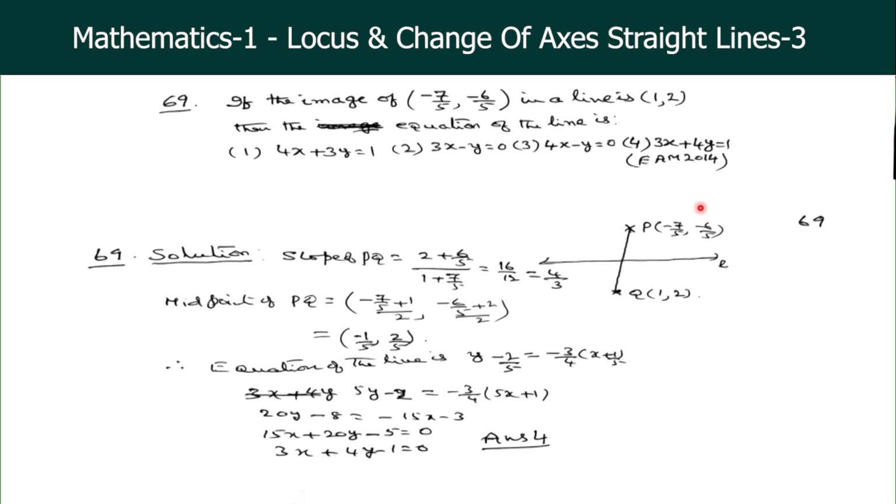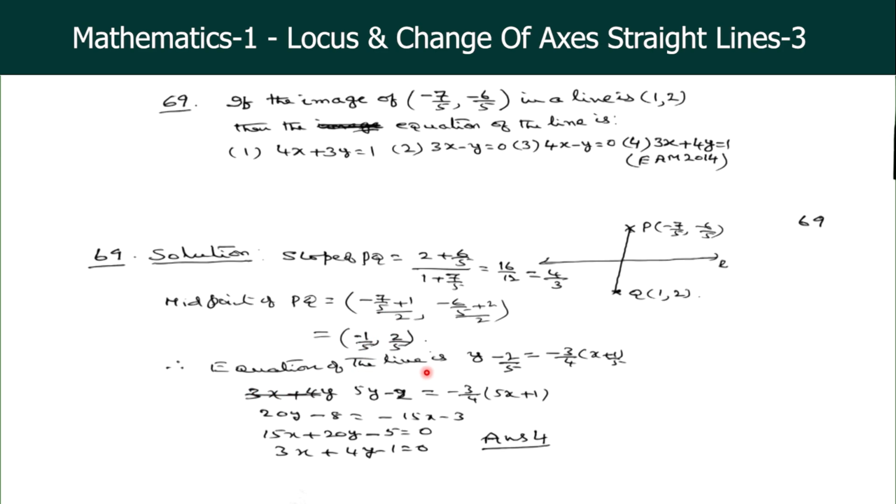So the line is nothing but the perpendicular bisector of PQ. Now, the slope of PQ is (2 + 6/5)/(1 + 7/5) = 16/12, which is 4/3. The midpoint of PQ is (-1/5, 2/5).